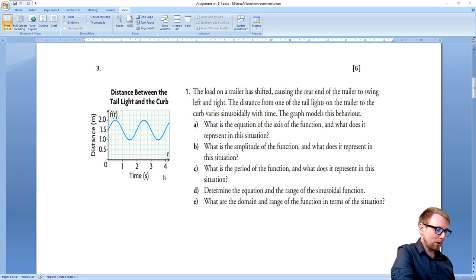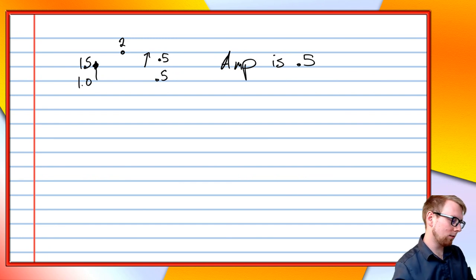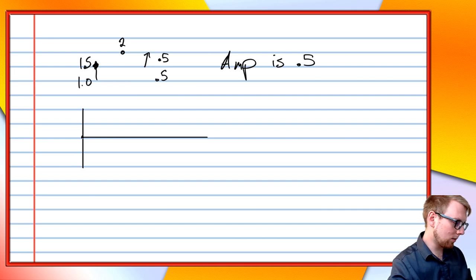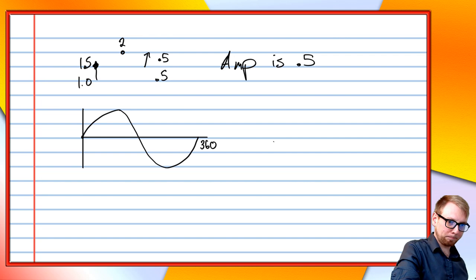Anyways, the period of the function. Remember that for sine, sine started at 0, went up and down and then back, right? This was 360 degrees, right?